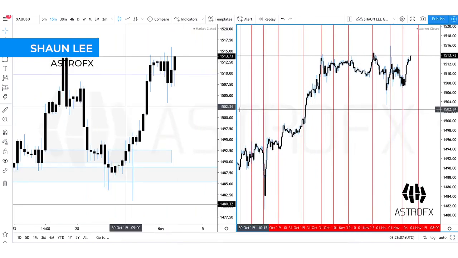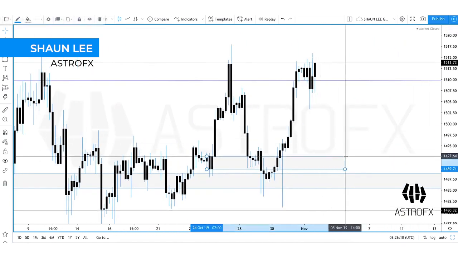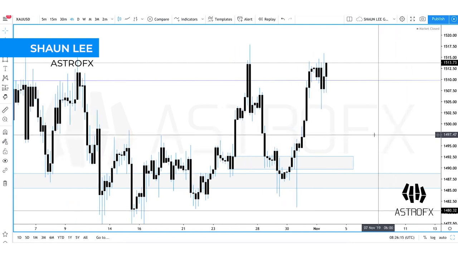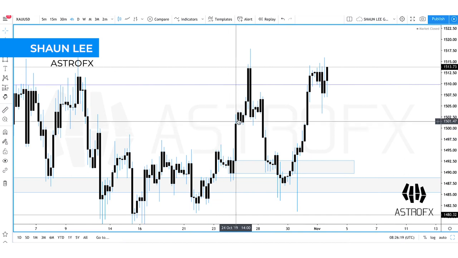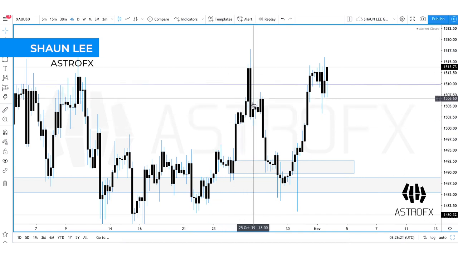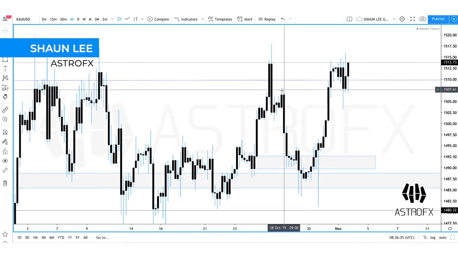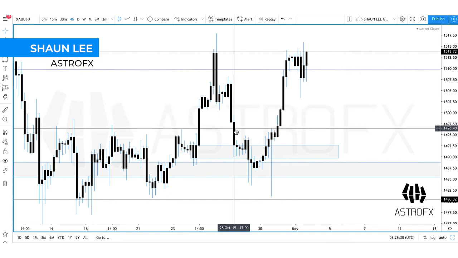If we go over to the higher time frame and look at the analysis over here, firstly, the market had a little bit of a pump, then we closed back below 1504. We had this mini little right shoulder here on the 4 hourly, and then the price was driven all the way back into the lows.